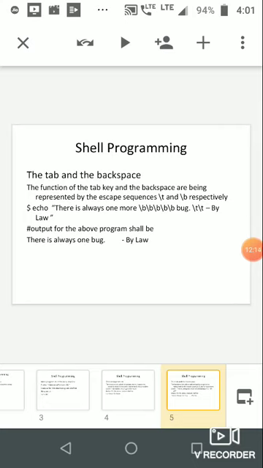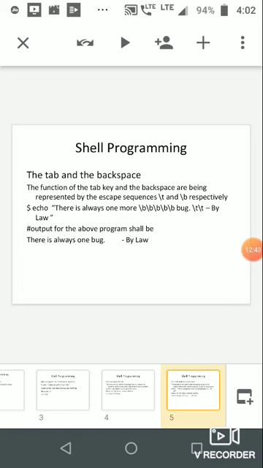So the single total sentence, if we read it without the backslashes and tabs, will seem like "There is always one more bug by law." So this is the sentence, and what is the output here? If we look at the output of the program, it looks like this.